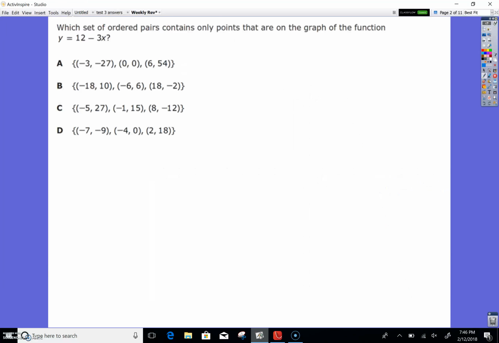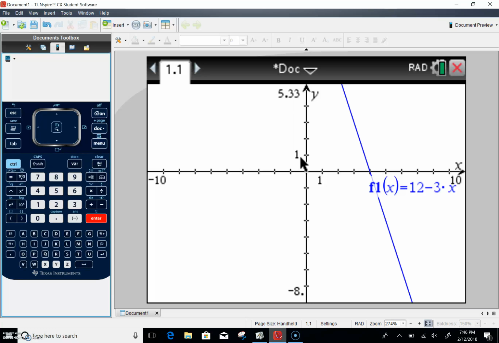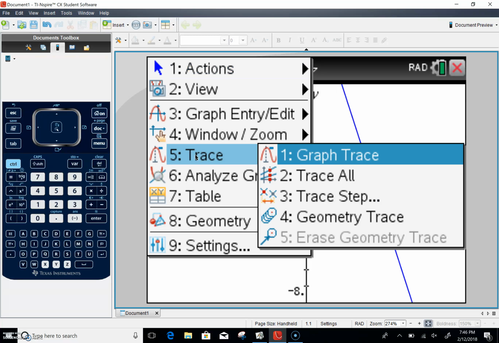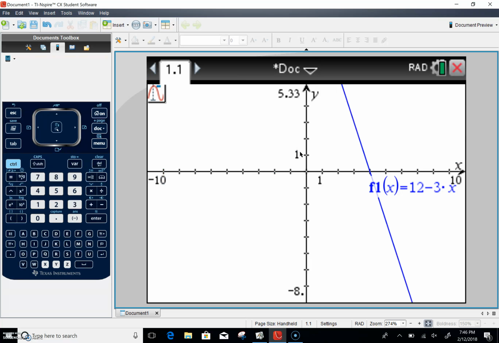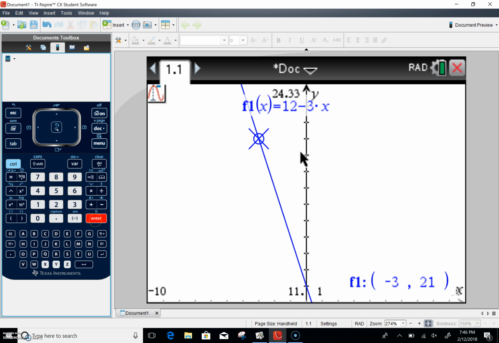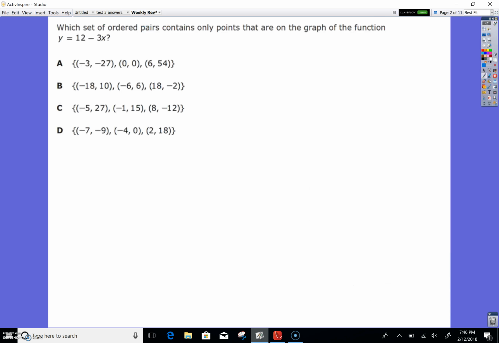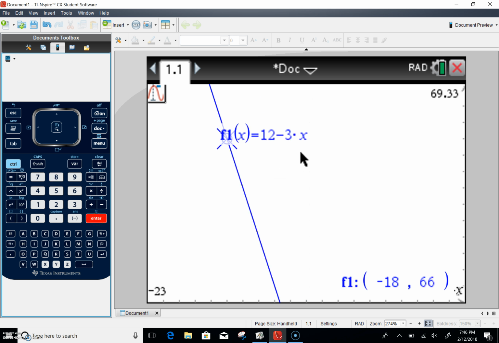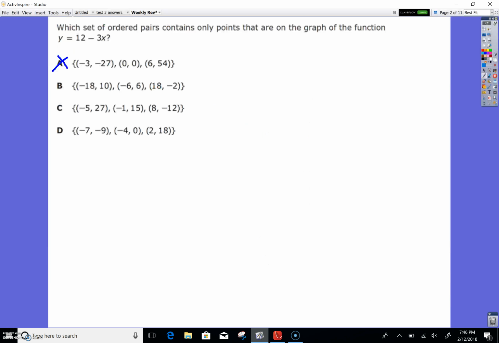So the first number is negative 3, and we want 27. So negative 3, have to go menu, trace, graph trace. Negative 3, see negative 3 is 21. So the first one's incorrect. And I'm going to try negative 18. Negative 18, enter, is 66. So that's incorrect.